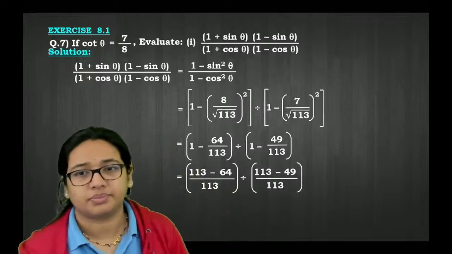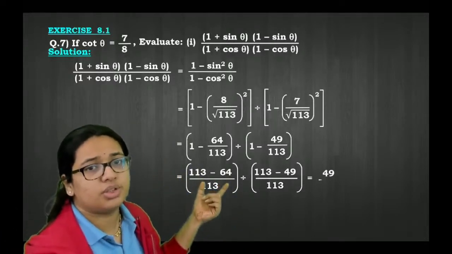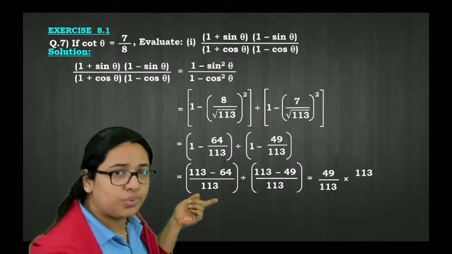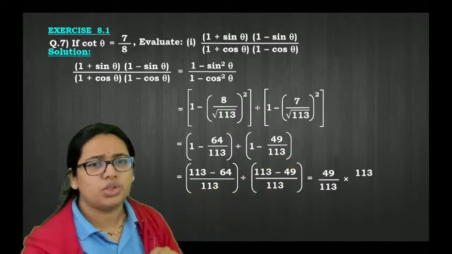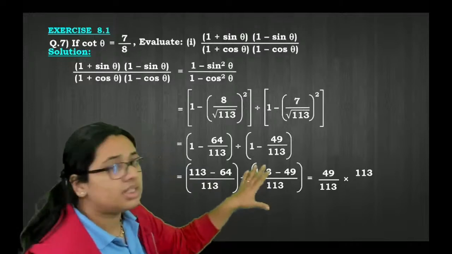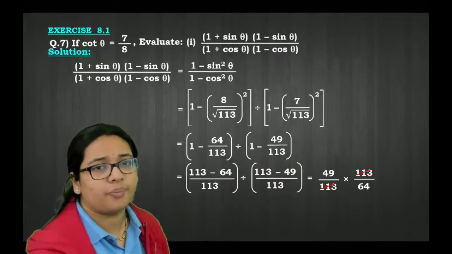Okay. So what will be the case of 113 minus 64? Its answer is 49. 49 upon 113 divided by this. But we know that division is nothing but multiplication of the inverse one. Hence, its answer will be 113 divided by 64. Right?